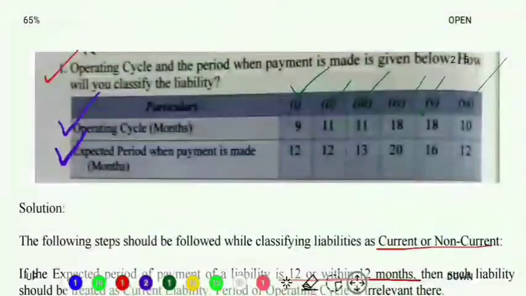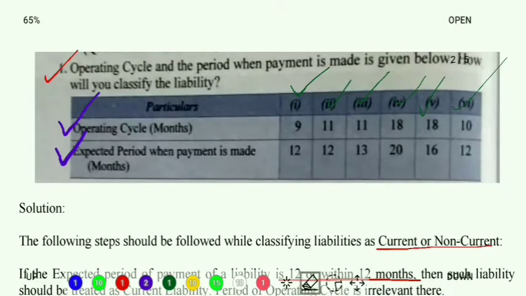So here we have the question with us, right? One by one we will be taking each of these liabilities and applying the steps we have read just now. First step is that we are going to see whether the expected period of payment is 12 or less than 12 months or not.